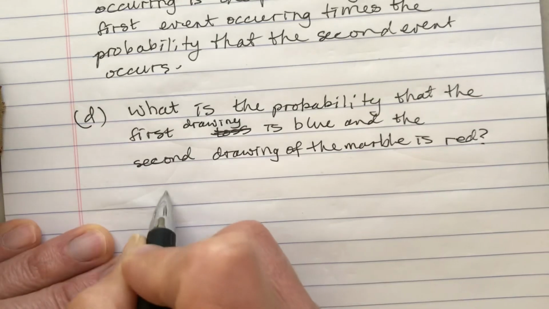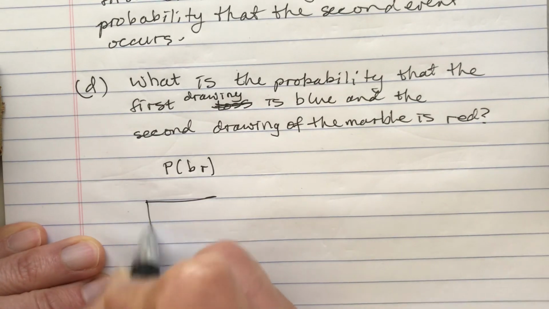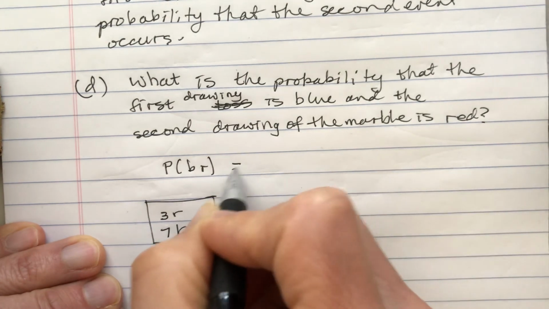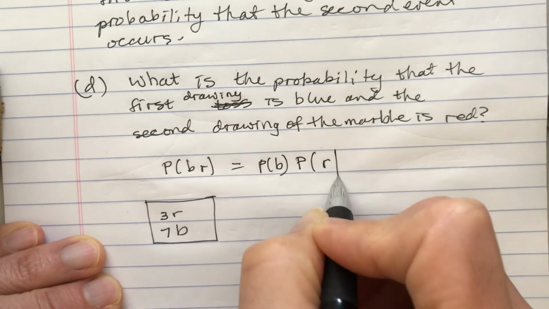So we're looking at the probability of first a blue, then a red, and we have the same box. There's 3 reds and 7 blues. So this is going to be the probability you get a blue the first time, then the probability of a red given that you have blue.